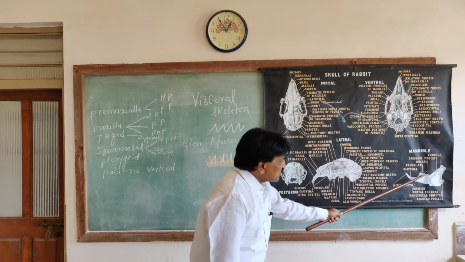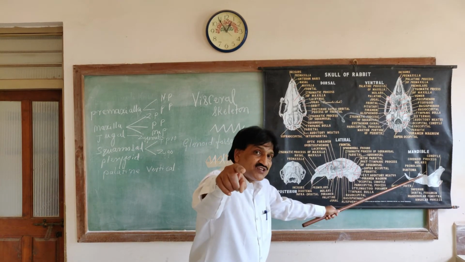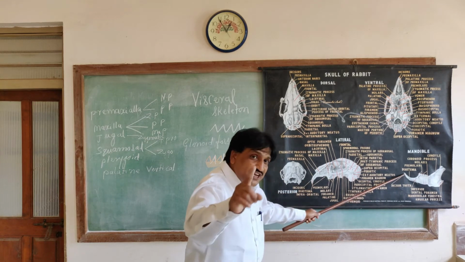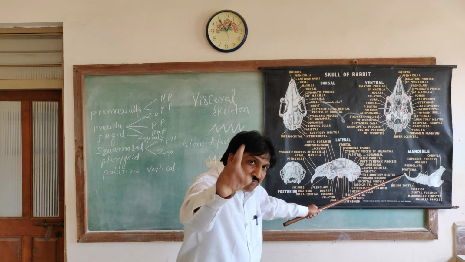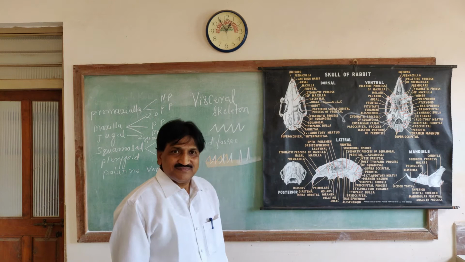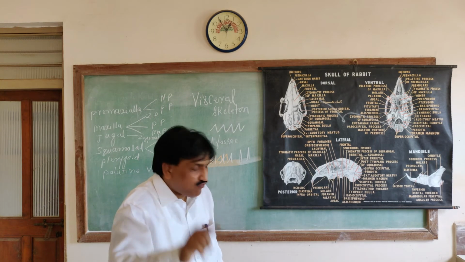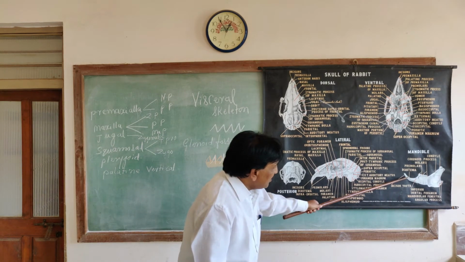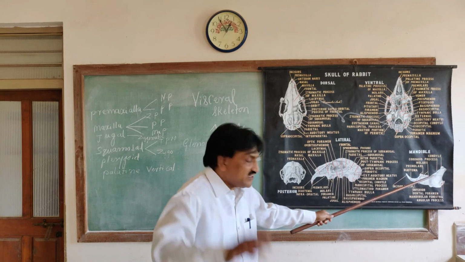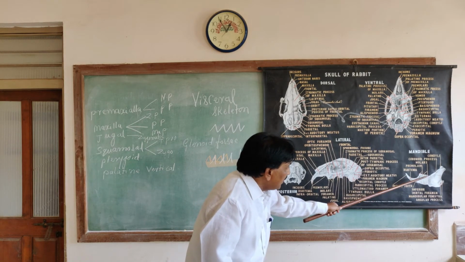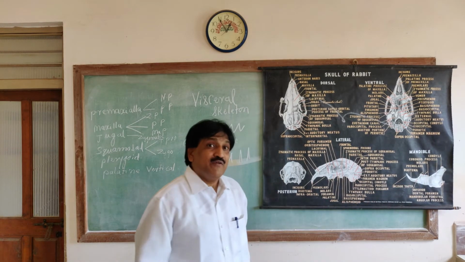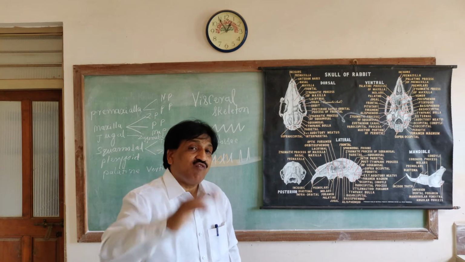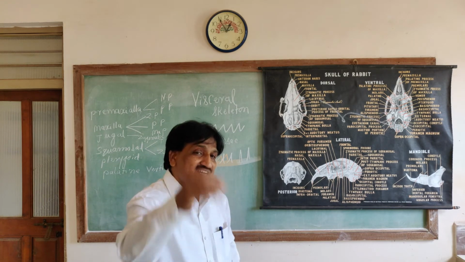Remember: 1 socket for the incisor and 5 sockets for the premolars and molars, that is 2 premolars and 3 molars. I will tell you what the dental formula is in the case of the rabbit. That is also a question.